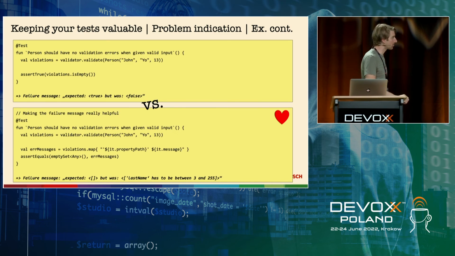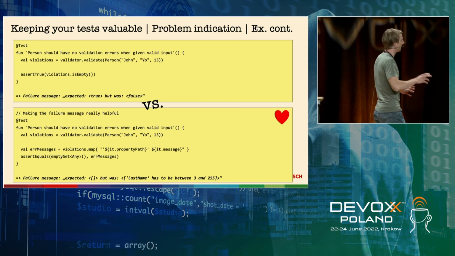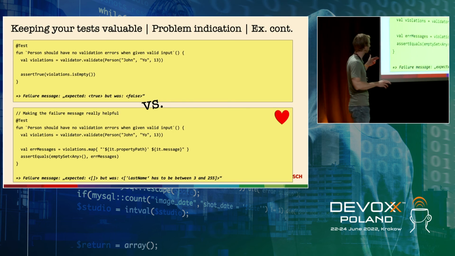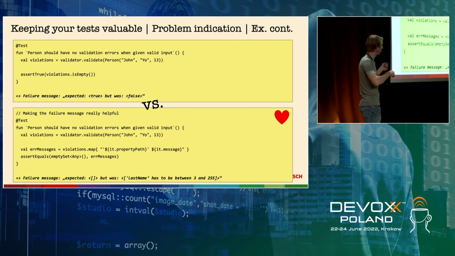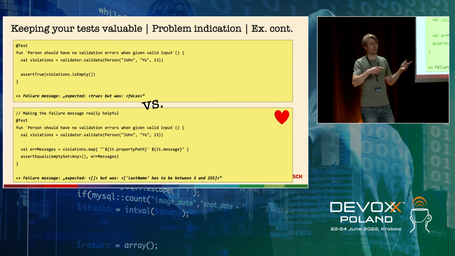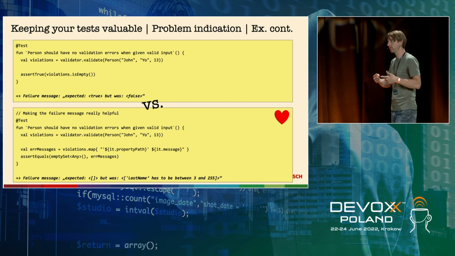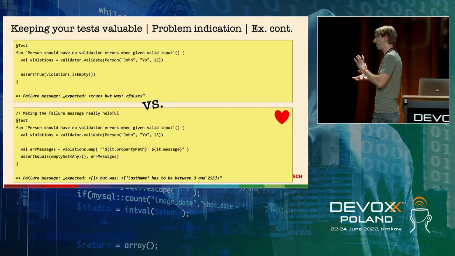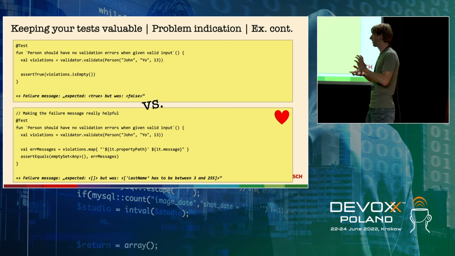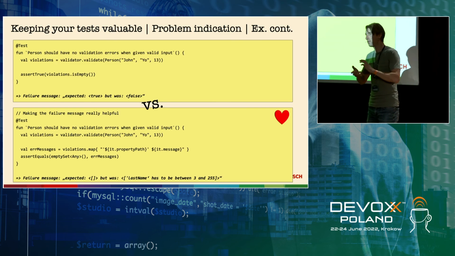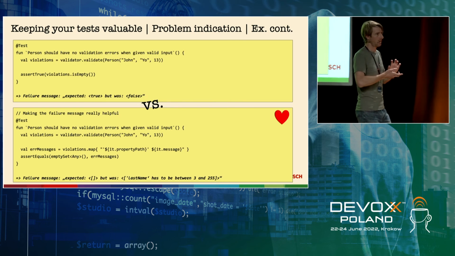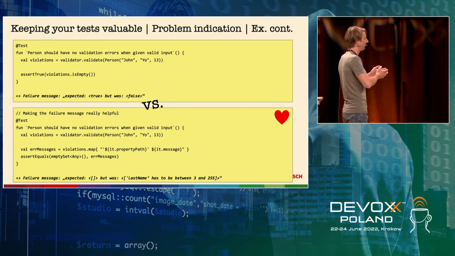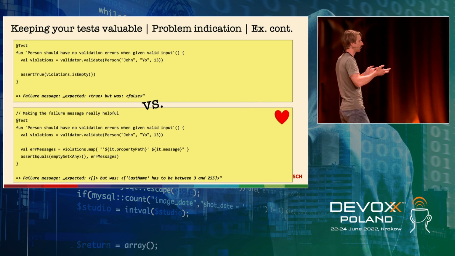Or you could even go the extra mile and make it really helpful. In this case, we go through the violations we get returned from the validator, and create a list of error messages out of it. And then we compare this set of error messages with an empty set. Our expectation would be that if everything is good, our set of error messages is also empty.